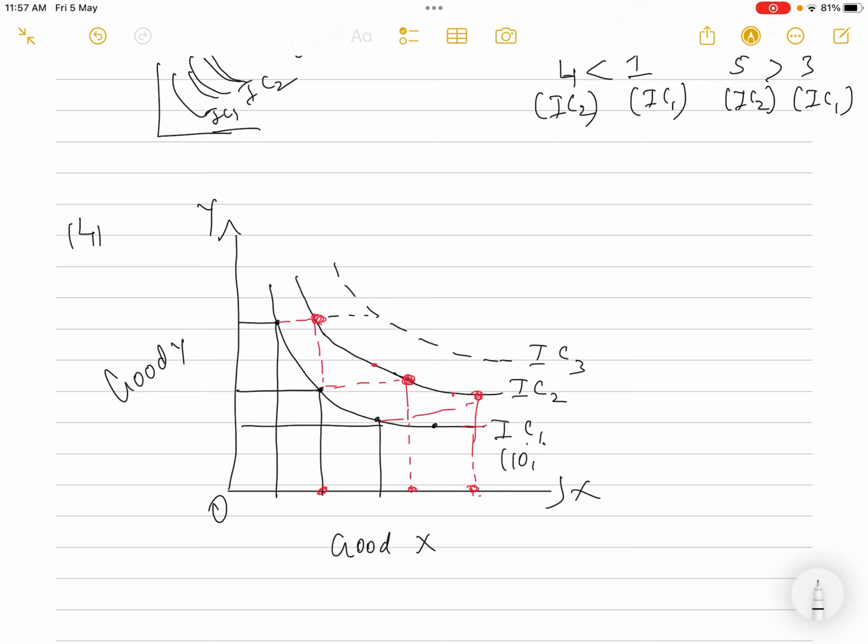Suppose the money income has increased; we are taking that also into consideration, giving the provision for a rise in the money income of the consumer.